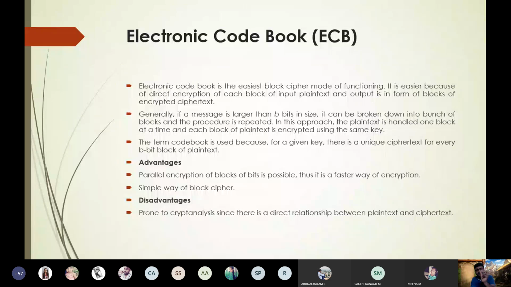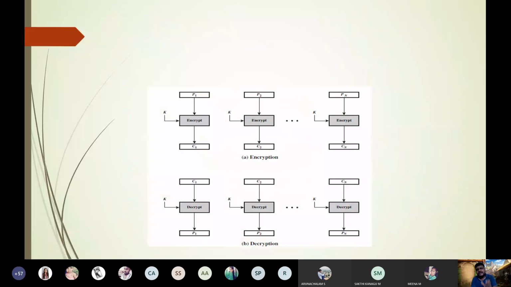I have a plain text, let me take some 128 bits of plain text. As per the principle of block cipher mode, it will take only fixed inputs, and the fixed input will be, for example, 32 bits.